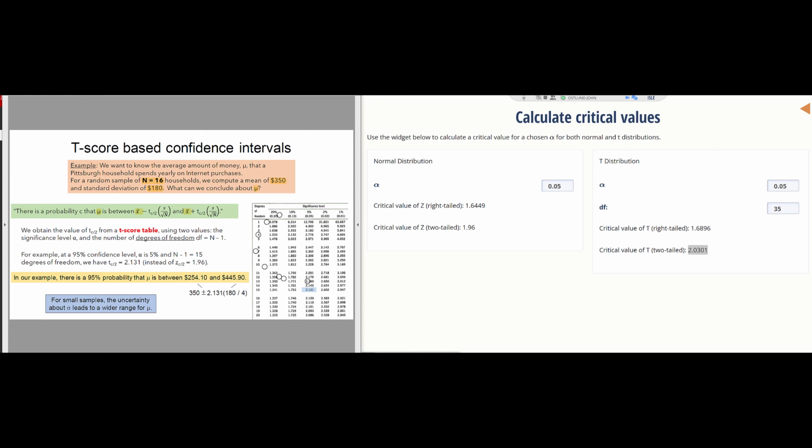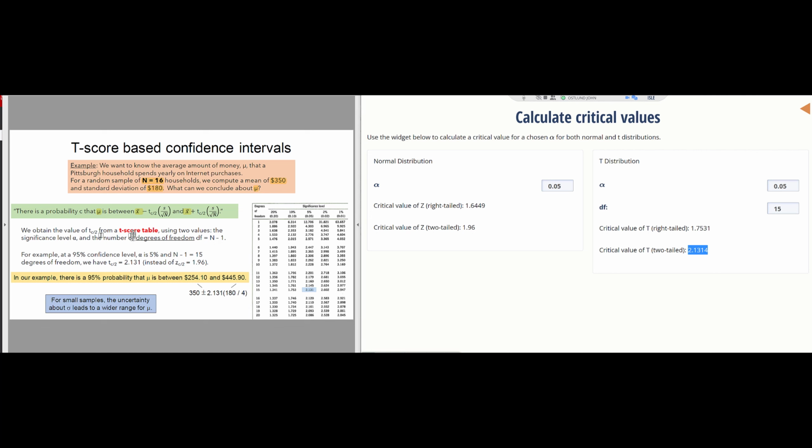This table is showing the two-sided probabilities. So our sample size this time is 16, which means our degrees of freedom is going to be 15. And so our two-sided t-score is 2.1314, about 2.131.